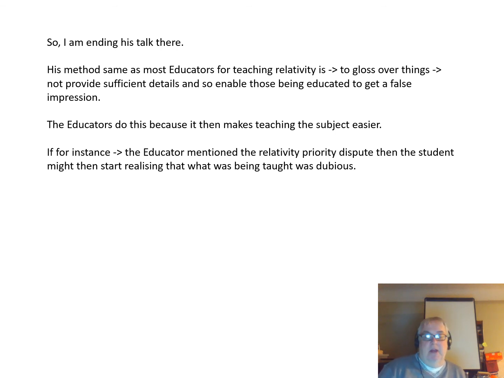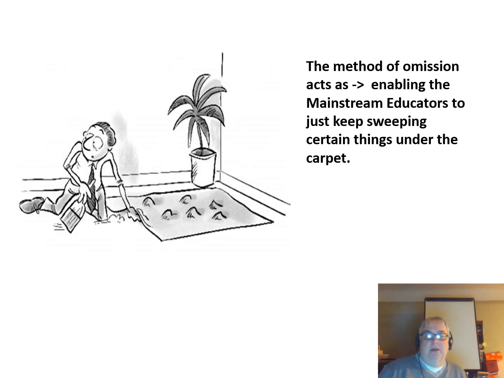Maybe it was Poincaré who got it all right instead. And all these other issues which suddenly spring to attention to the student if the student's informed about these issues. So this method of omission acts as enabling the mainstream education to just keep sweeping certain things under the carpet.